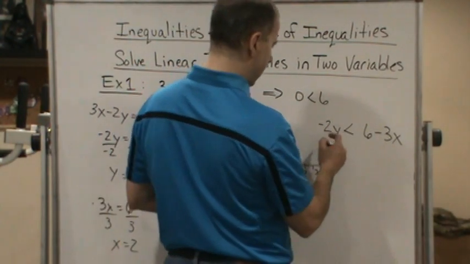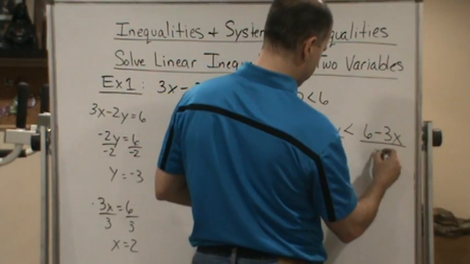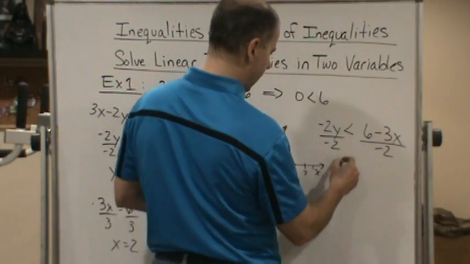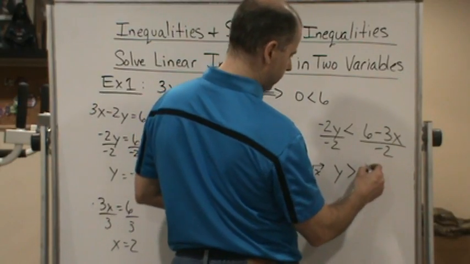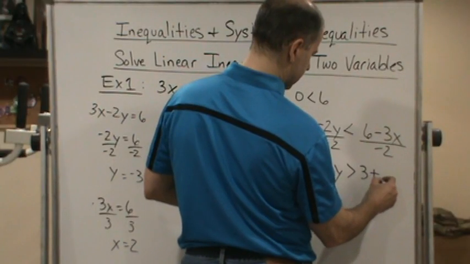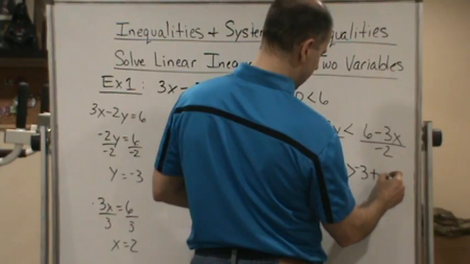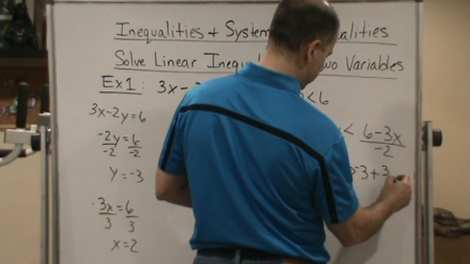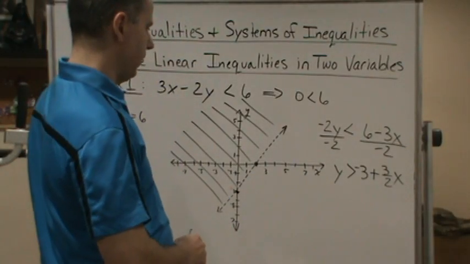So if I'm going to divide both sides by -2, then I flip the inequality and I get y is greater than what? Oops, this should be -3. -3 plus 3/2 x. Okay?